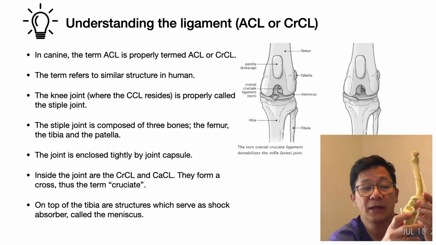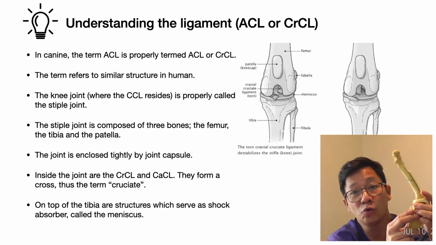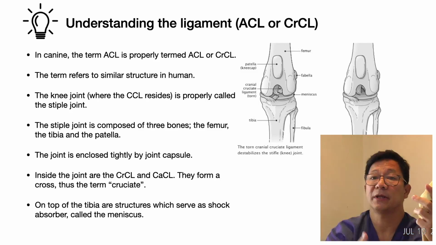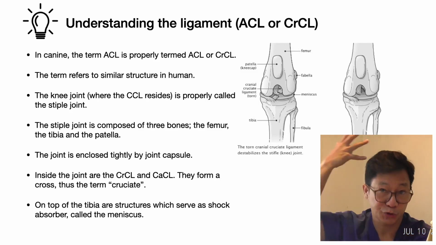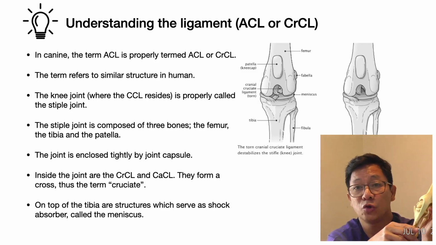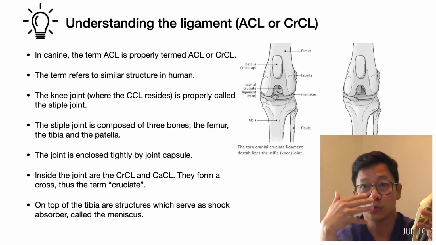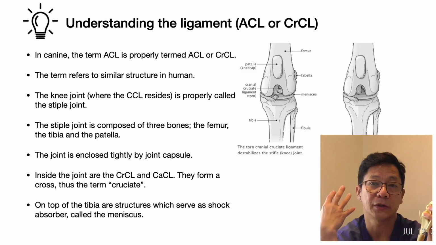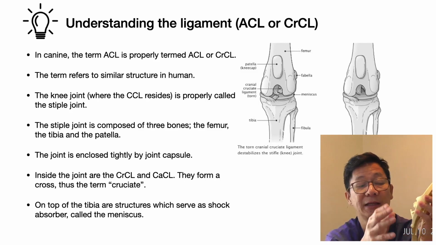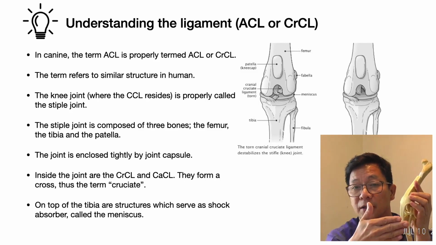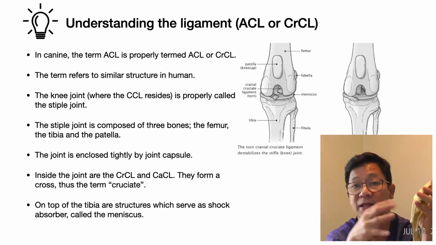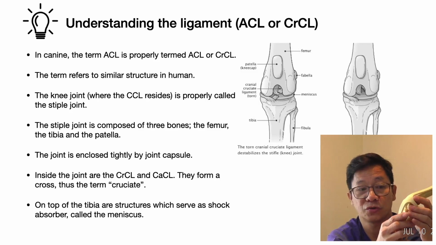Kasi po, in topographic anatomy ng human versus dogs, ang human po, yung harap, tatawag natin dyan is anterior, posterior sa likod. But in dog, yung harap towards the head is cranial. And towards the back or towards the tail is caudal. Kaya tinawag na cranial cruciate. Sa human naman is anterior cruciate. But it's similar structures. Okay?